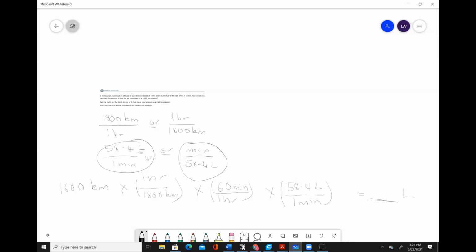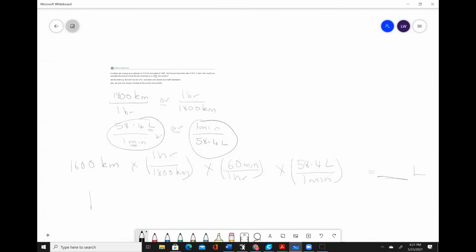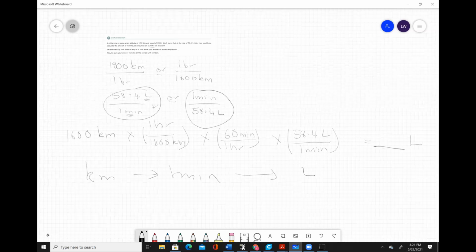And I needed to multiply that by a time expressed in minutes. So my strategy went like this. I was going to take kilometers, then I'm going to turn that into minutes, and then I'm going to apply that final conversion factor, which is going to turn it into liters.